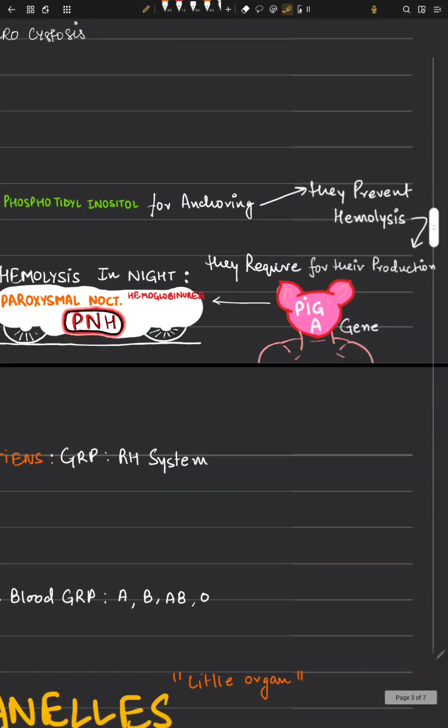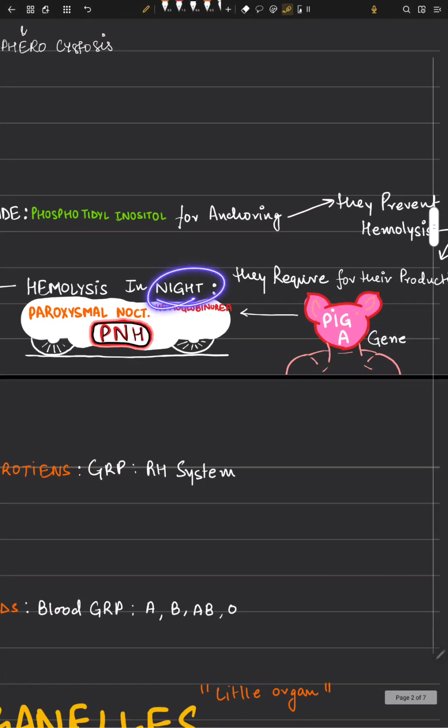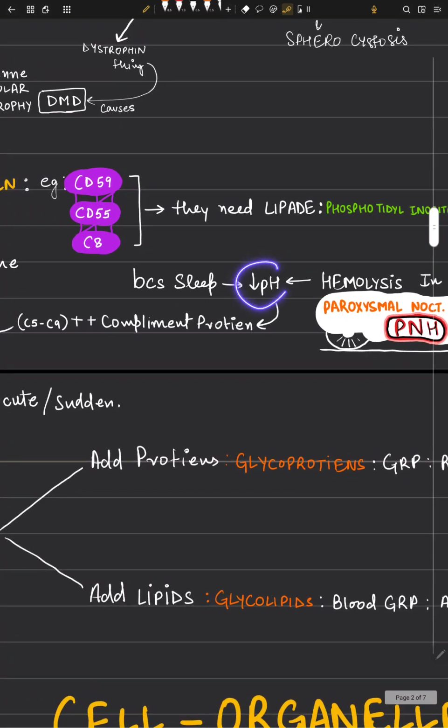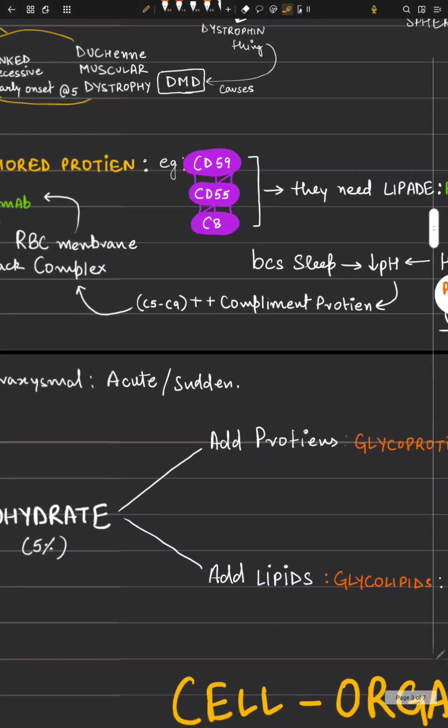Why does it happen at night? Let's talk about how it happens. In the night when we sleep, the pH of the blood decreases, right? The pH of the body decreases. It becomes slightly acidic. And this acidity activates the complement protein system.